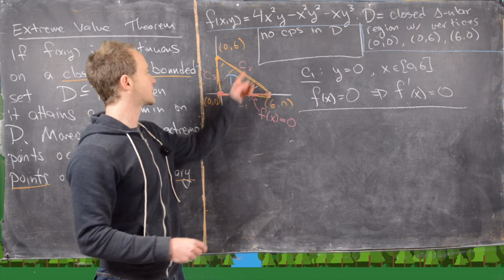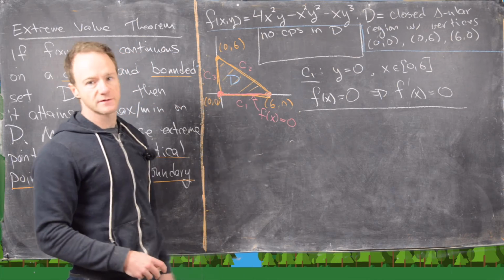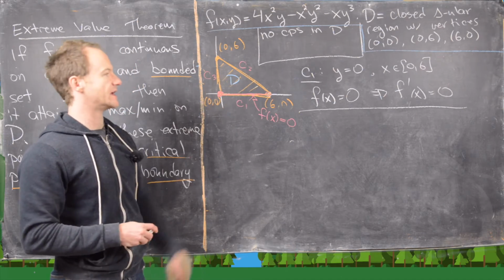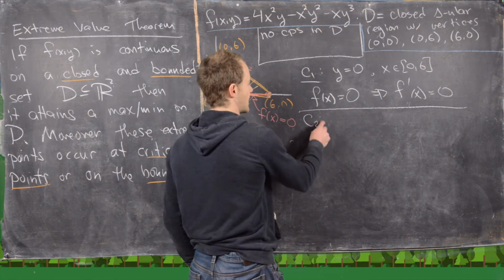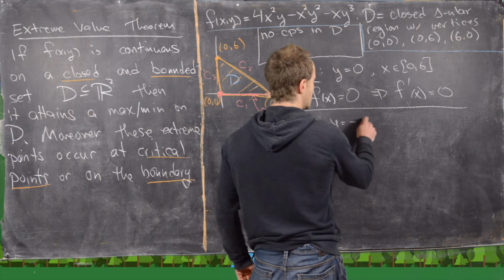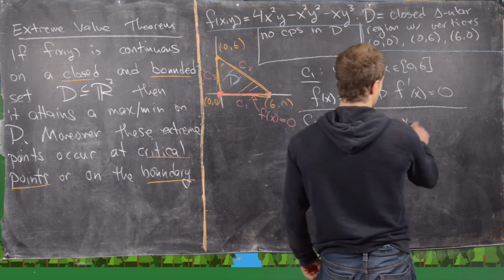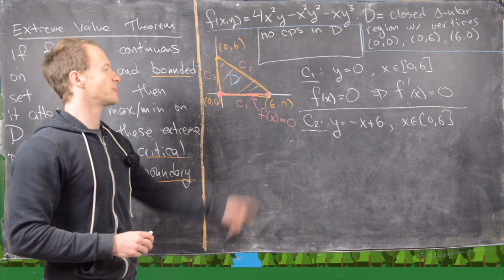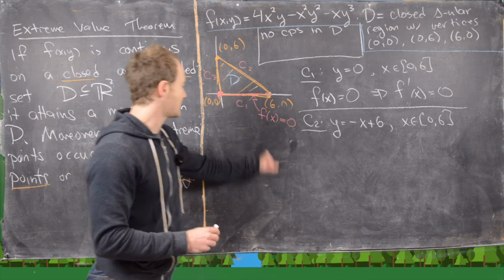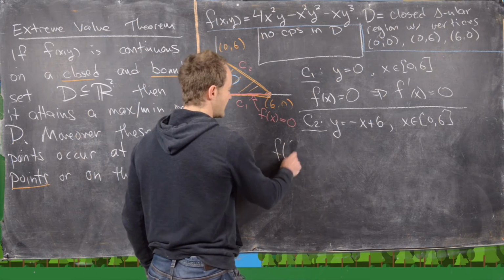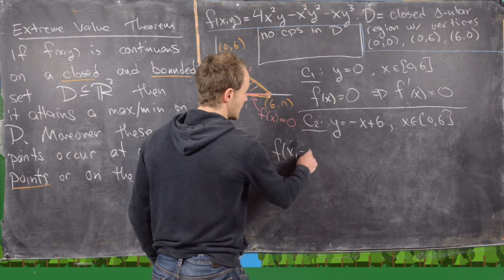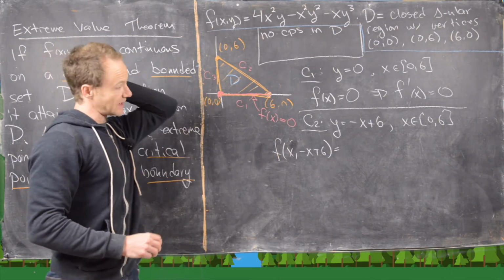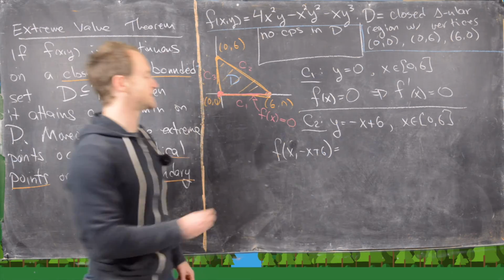So now let's look at what's going on in curve 2. Curve 2 is described as a line with slope of -1 and y-intercept of 6. So that means we can write curve 2 with the equation y equals minus x plus 6. And x is again on the closed interval 0 to 6. Now let's see what happens to f of x, y here. We get it by plugging in -x plus 6 everywhere we see y.